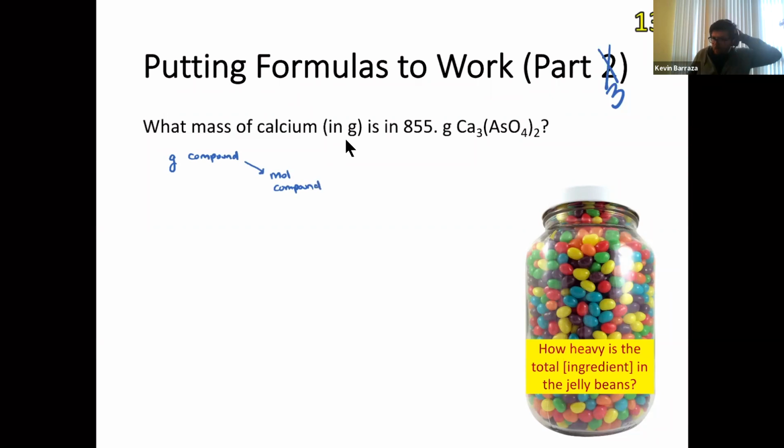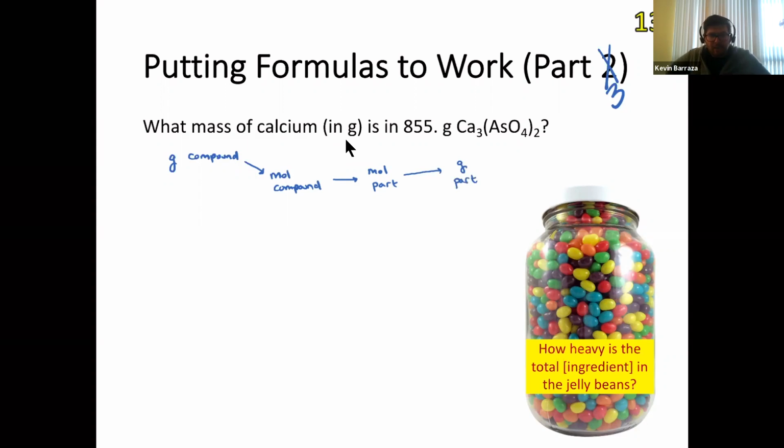But what is it that we want? We want how heavy calcium is inside this. So again, it's like the previous question where we're only concerned with a part. So if we remember, we want to turn this into moles of the part, and from that, get to the grams of the part.